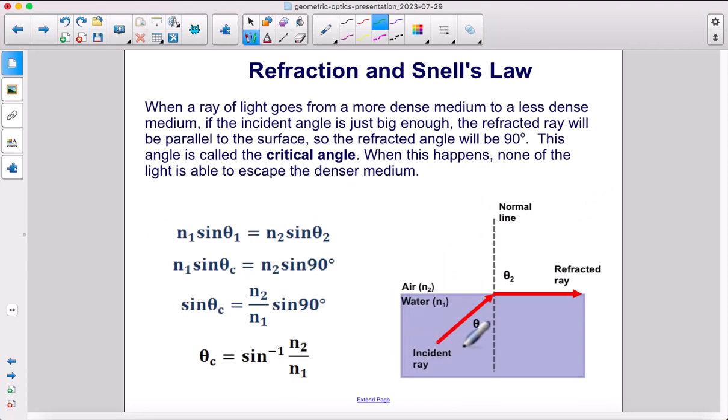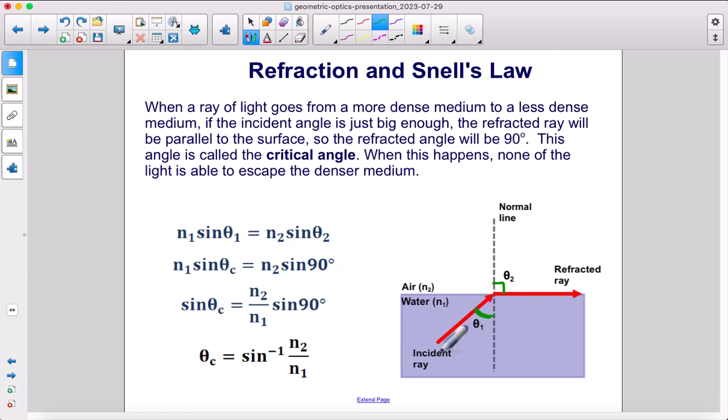When a ray of light goes from a denser medium to a less dense medium, if the incident angle here is just big enough, the refracted ray will be parallel to the surface, so the refracted angle will be 90 degrees. This angle here, the incident angle, is called the critical angle.